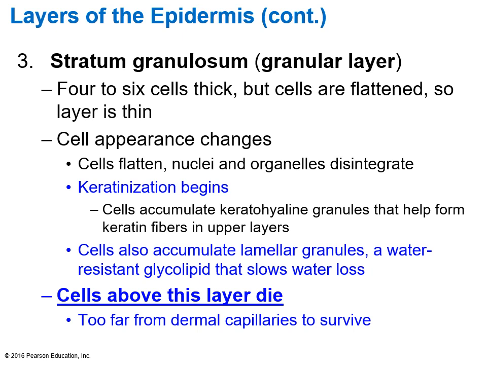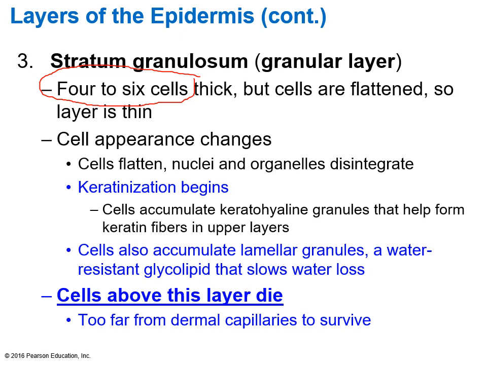The stratum granulosum, or the granular layer, is about 4 to 6 cells thick. These cells are flat because of the amount of keratin filament that they're filled with. And what we see happening is that now the cells will continue to flatten and their nuclei and organelles start to disintegrate. They start to disappear. And keratinization begins.